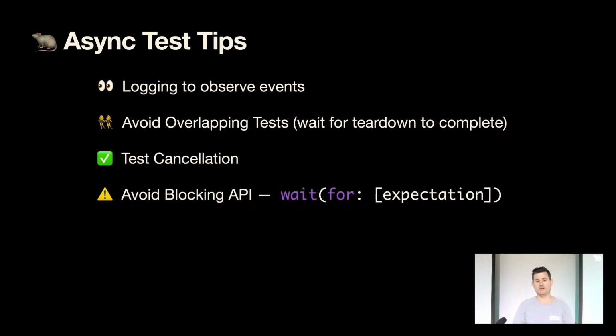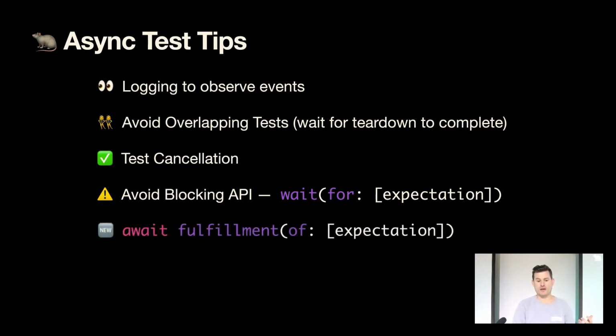And it was really weird. You're like, why is that task just never completing? And then removing expectations, basically removing that blocking call, fixed the issue. Now, I think Apple now recommend using this API if you're using expectations. I actually found I don't need to use expectations in the asynchronous tests that I write.